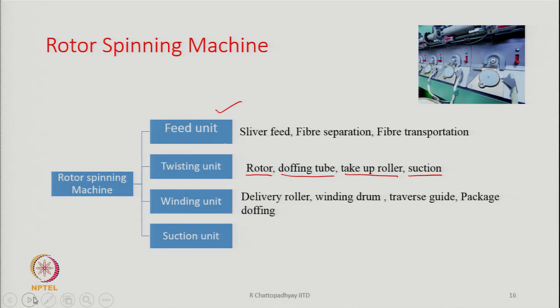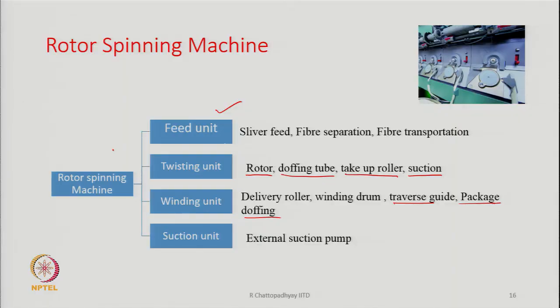In the winding unit, we have delivery roller, a winding drum, a traverse guide, package, doffing. Then we go to the suction unit, where we have an external suction pump to draw air.